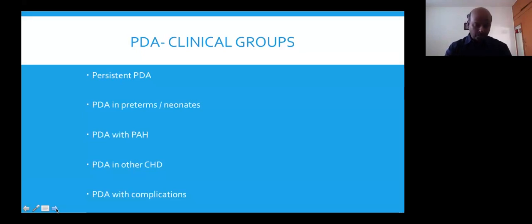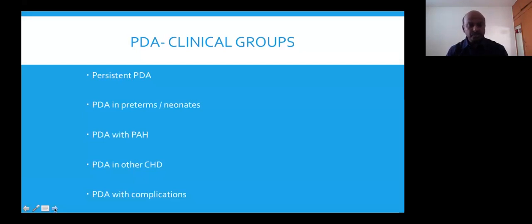And then we would also be looking at PDA with complications. Now, this is predominantly looking at PDA which have associated complications like aneurysm of the ductus, which can be seen during the antenatal period and also in the neonatal period sometimes.